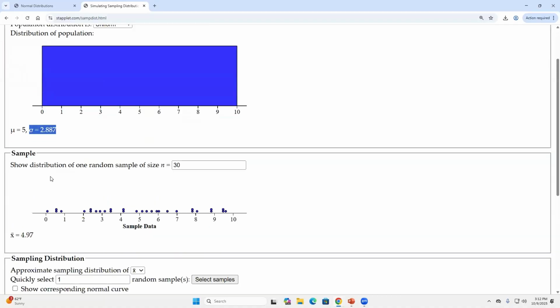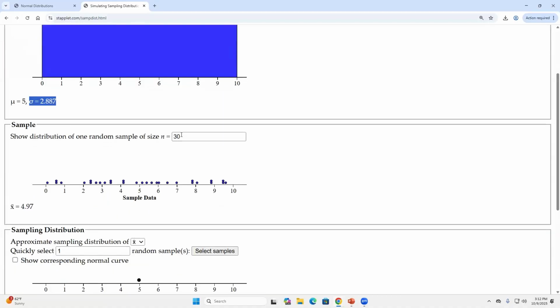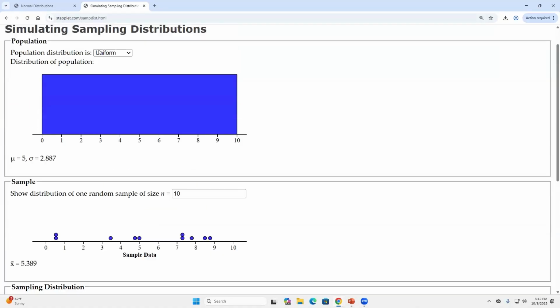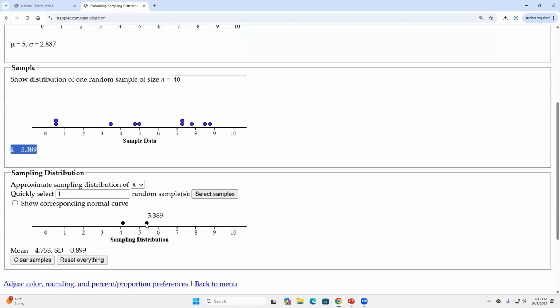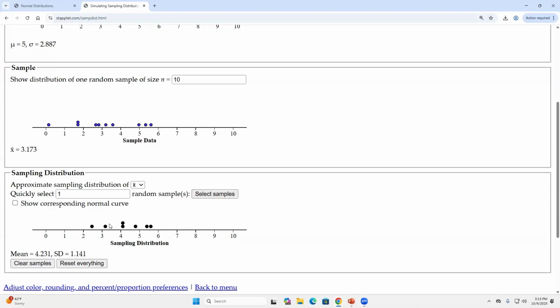And if we select a single sample, let's start it off at 10 again. We'll just select a sample. So again, we take 10 individuals from the population, and those 10 individuals and their mean get placed here in this sampling distribution. And as we continue to select more and more samples, we continue to build up our sampling distribution.